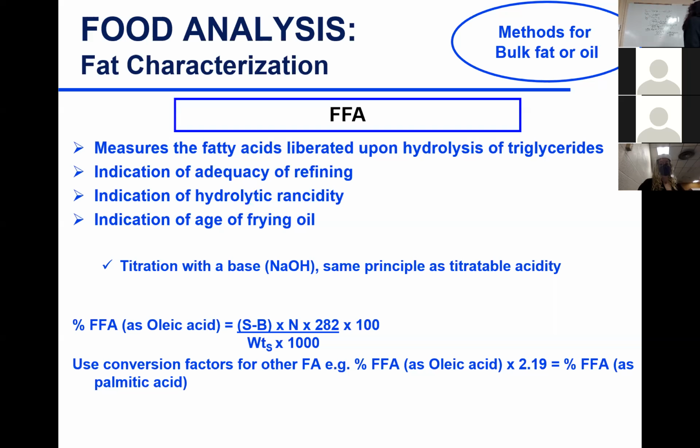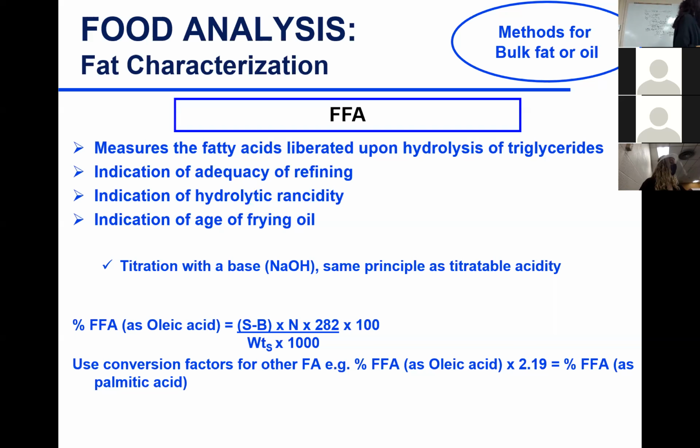So the 282 is the molecular weight of oleic acid, and usually we use the molecular weight of oleic acid to determine free fatty acids, but if we want to look for a specific fatty acid, there are conversion factors. If we want to determine it as palmitic acid, we can multiply by 290. Don't have to worry about it. This would be given to you if you need to calculate it based on a specific fatty acid.